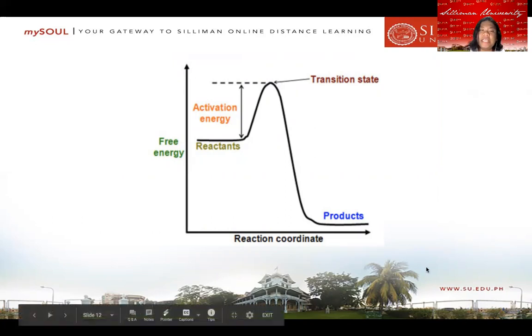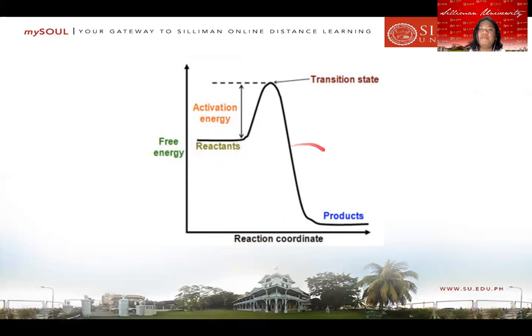So basically here, for your reactants to become new substances or for you to form products, you must be able to reach this certain energy level, which we call the activation energy, for you to achieve the transition state.